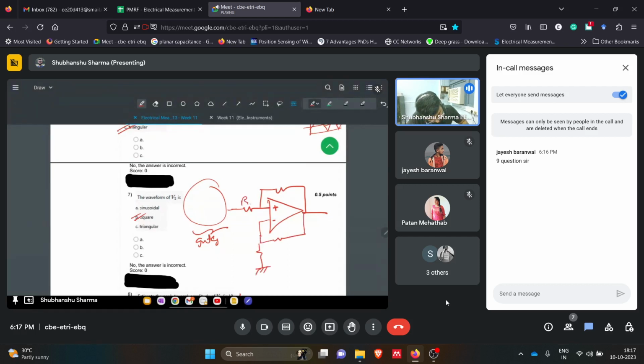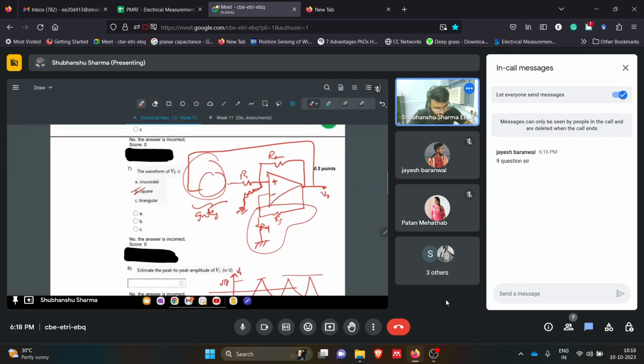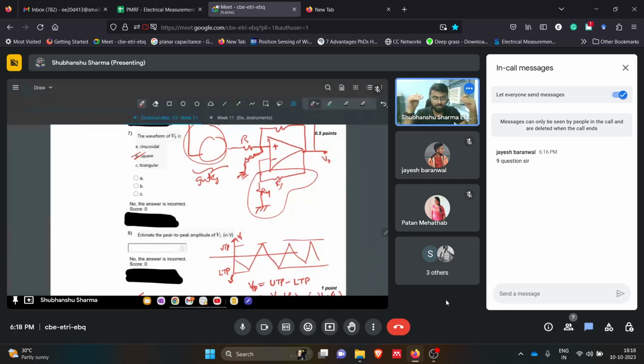So this was R1, this was R2, R3, R4. Then what will this thing do? This is being fed back to this. So this will change the upper threshold or lower threshold limit. It's not necessary that this will be the case. There can be other circuits attached to the negative feedback, or something attached here like some resistor here.